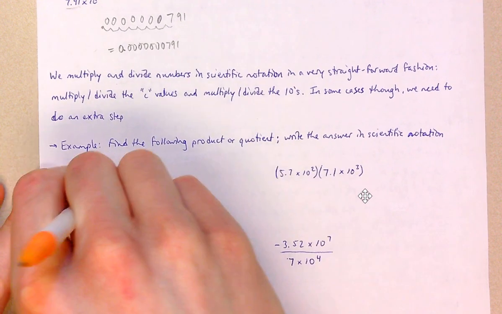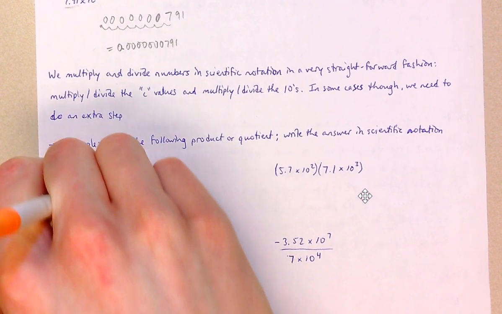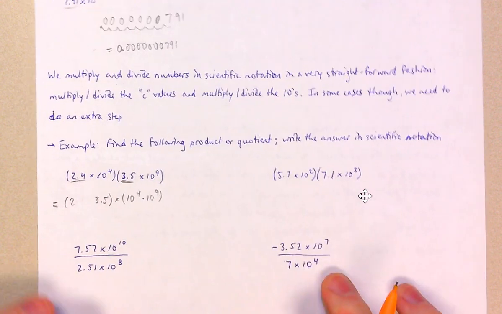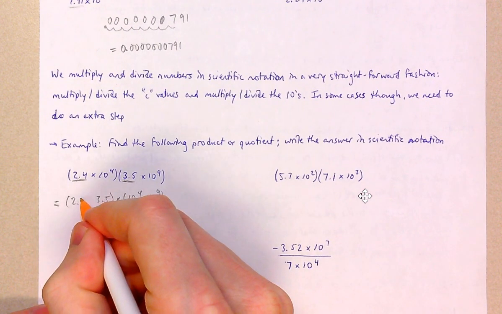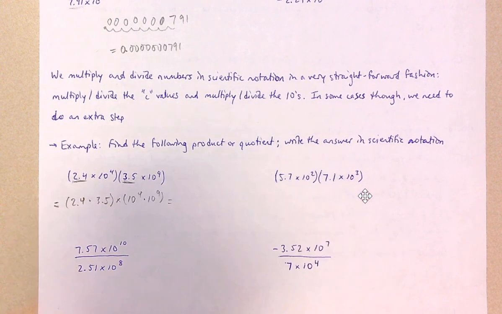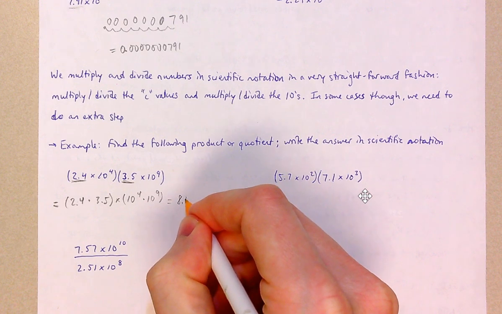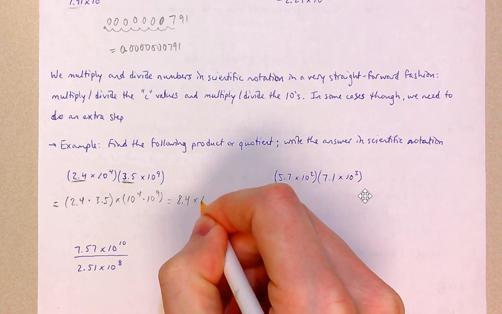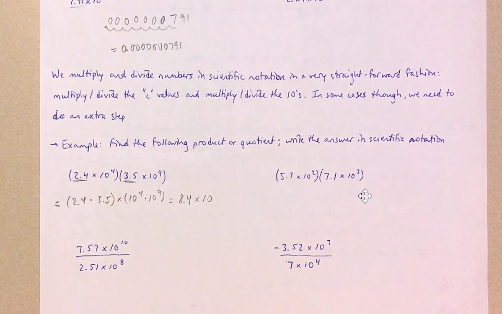And I will change my notation here to remain consistent. So this would be a good time to pull out your scientific calculator. If you do 2.4 times 3.5, you come up with 8.4 times 10 to some power.